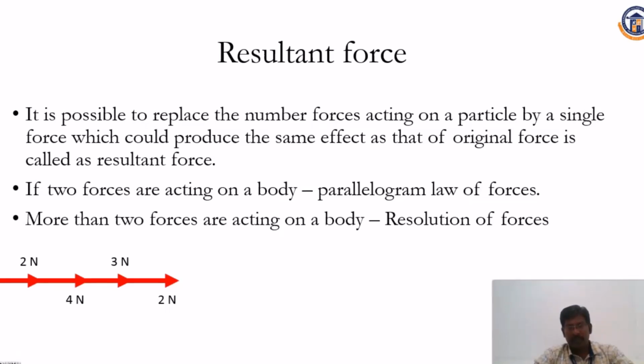The summation of these forces is 2 Newton plus 4 Newton plus 3 Newton plus 2 Newton, which gives a force of 11 Newton in the right hand side direction. This can be expressed as a single force as shown here.